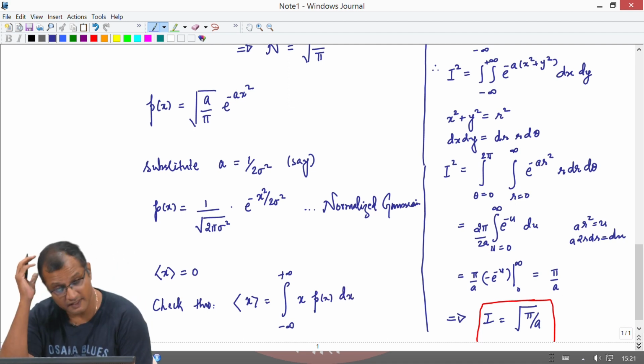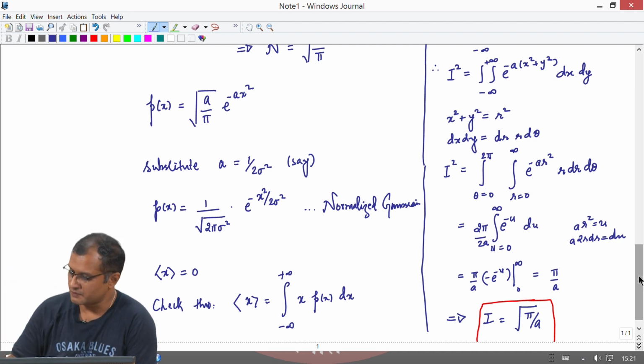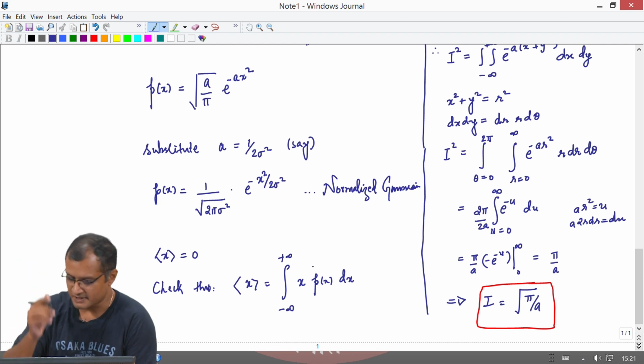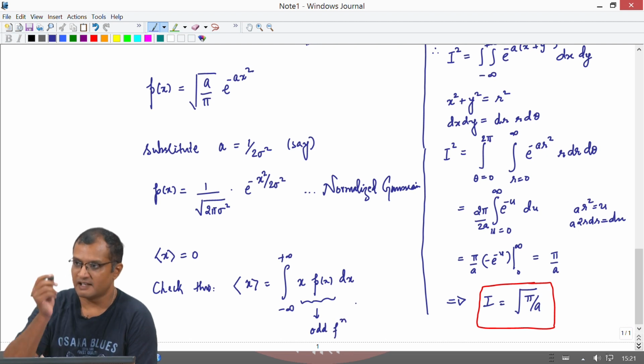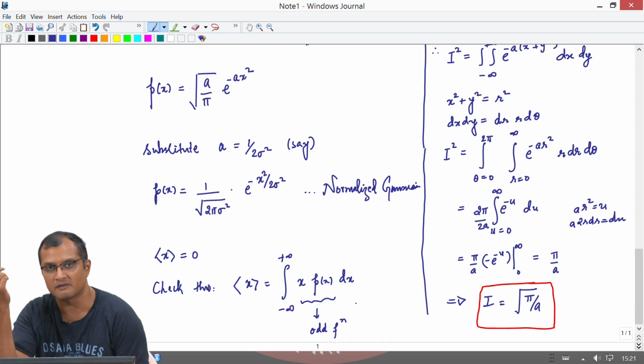Now, I can see that p of x is a Gaussian distribution which is an even function. Now, if an even function is multiplied by an odd function, which is x, it becomes an odd function itself. So, x times p of x becomes an odd function, and hence the integral of this odd function over the symmetric interval minus infinity to plus infinity is 0.